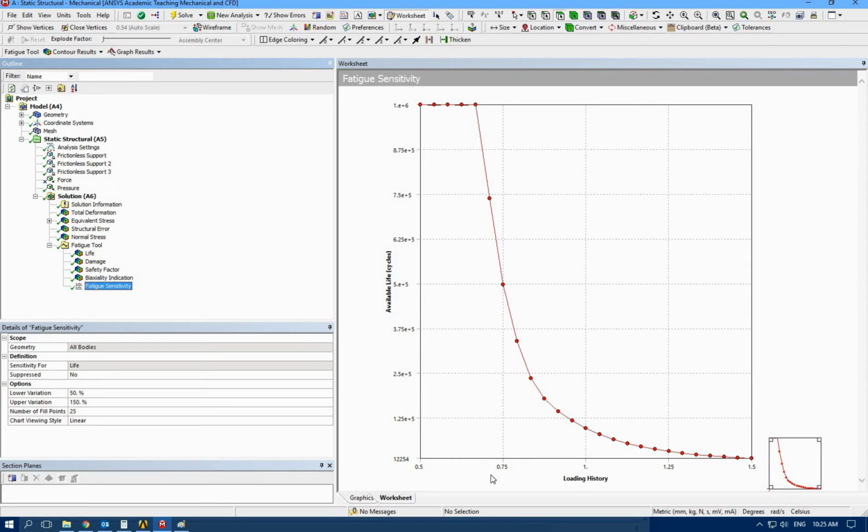From 0.5 to 0.7, we have 1, 2, 3, 4, 5, 6 sections. Okay, let me see how much I should decrease my load to reach this point. 1, 2, 3, 4, 5, 6, 7, 8, 9, 10, 11, 12.